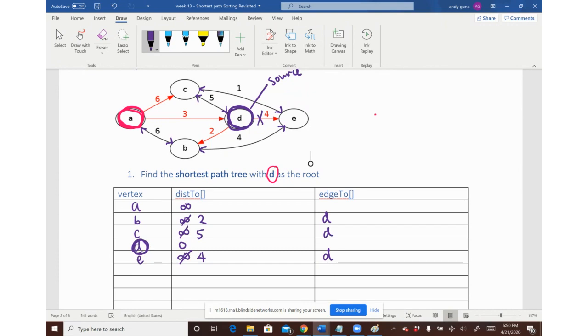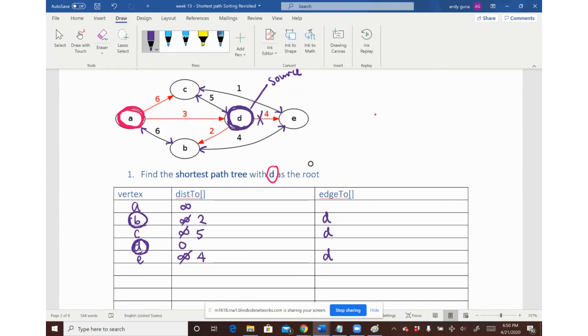Now, which one do we choose next to relax, like a vertex? It's going to be B, because that's the minimum distance in the priority queue.